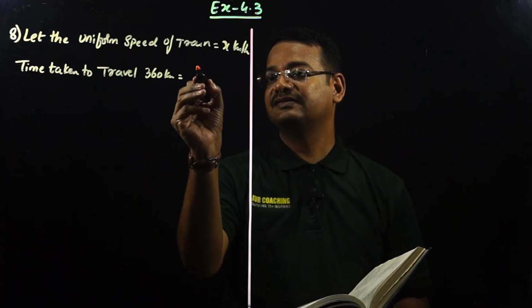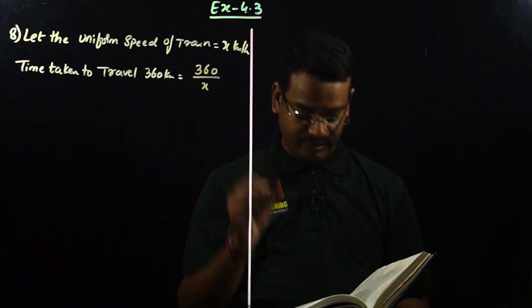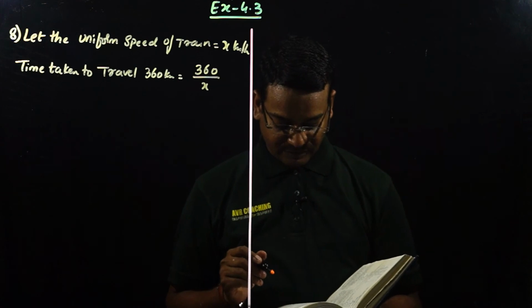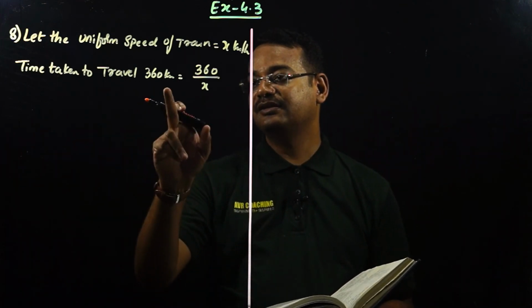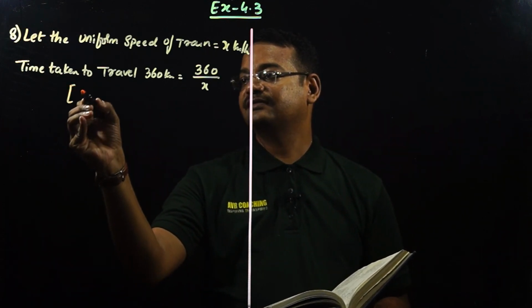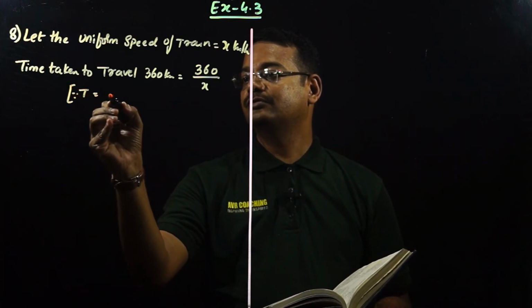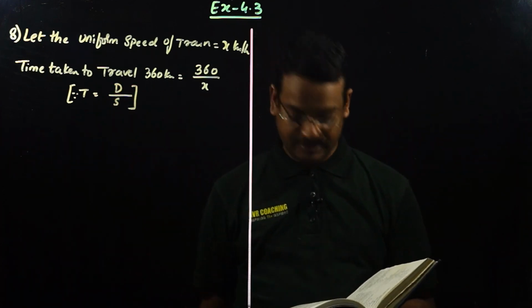So distance is 360 and speed is x kilometers per hour. So time taken for the train to travel 360 kilometers is 360 by x, as time is equal to distance by speed. This is the formula we are using here.